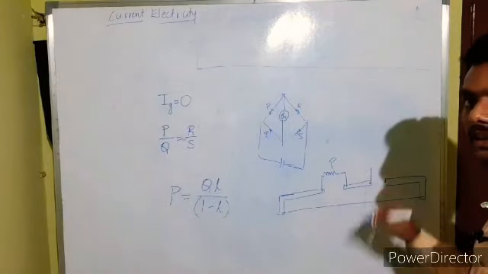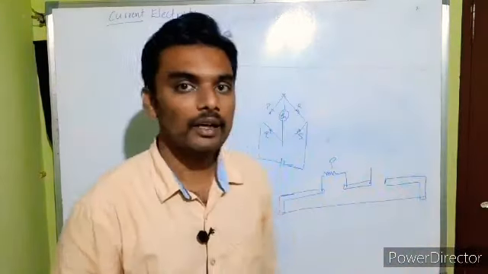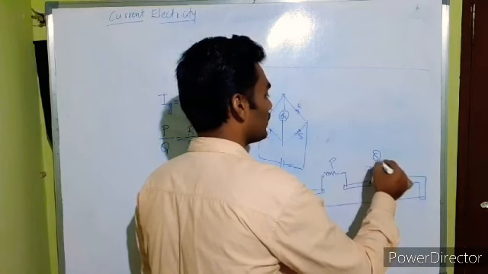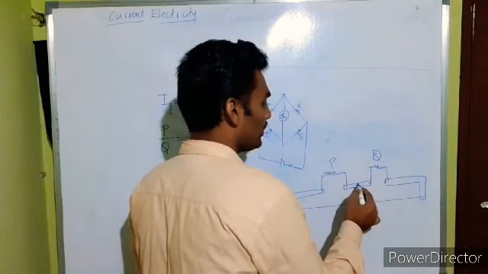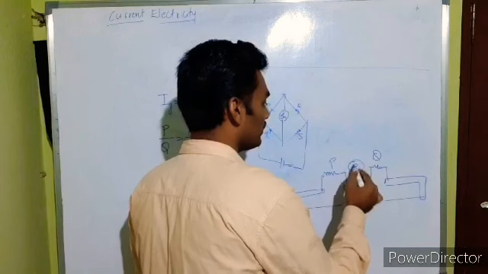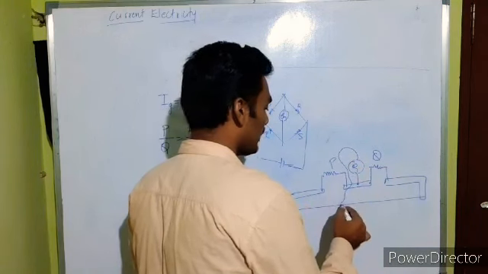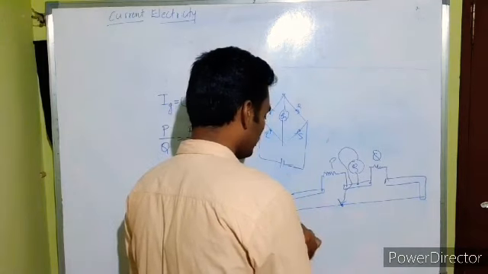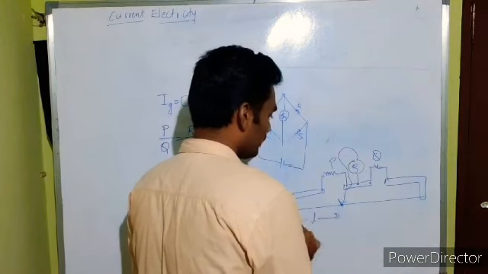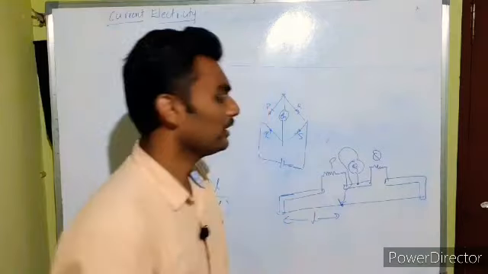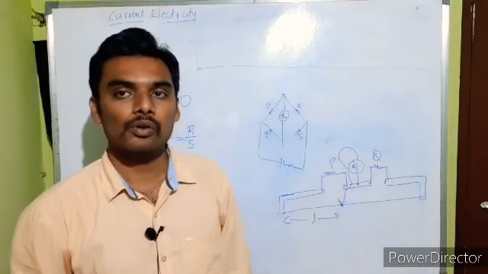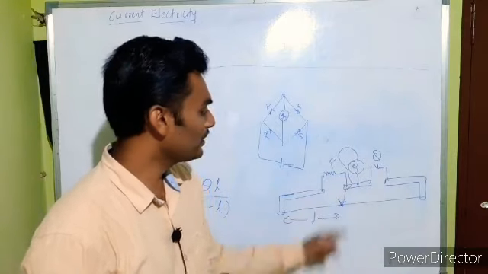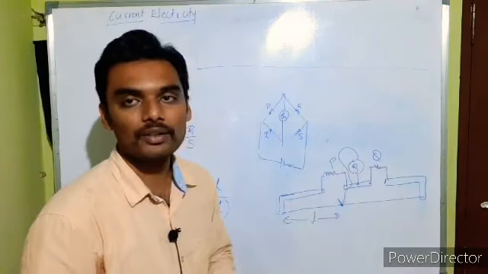Here we connect a standard resistance, named Q. And from this point, we take a galvanometer and the jockey slides on the wire at a certain length L from this end, where the galvanometer shows zero deflection. When that is the situation, we say the circuit is balanced.